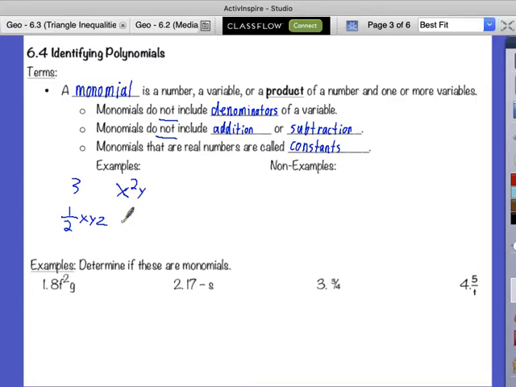That's okay. 1/2 is a normal number. We just don't want the variable in the denominator for this to be a monomial. So 1/2 x times y times z is okay because we still do not include addition or subtraction. It's a number, a variable, so it could just be b, could be one as well. A number, a variable, or a product of one or more numbers and/or variables.